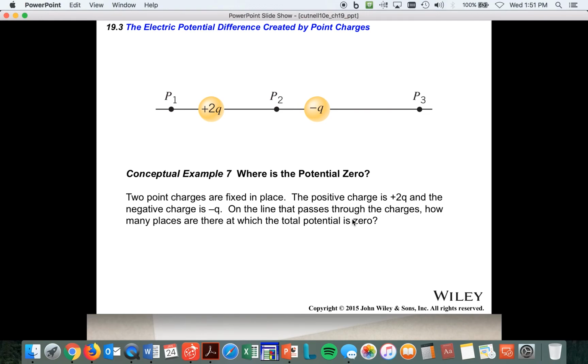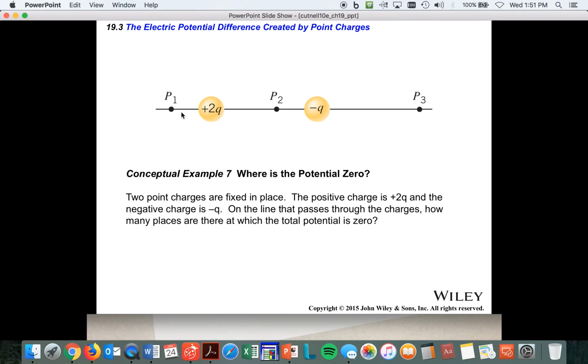The positive charge is 0.2 and the negative is negative 0.2. This is conceptual. On the line that passes through the charges, how many places are there at which the potential is going to be 0? Well, since this is twice as big, this is tricky.